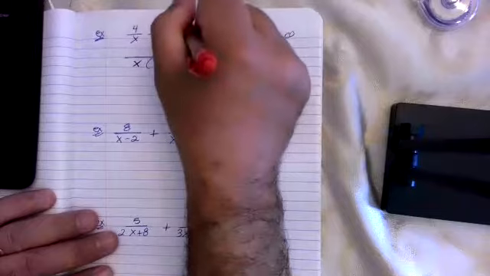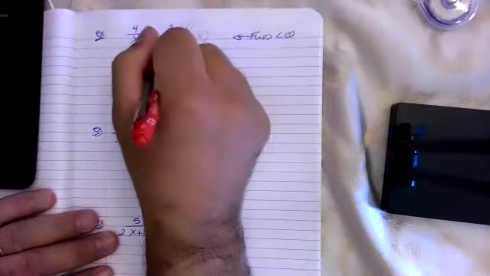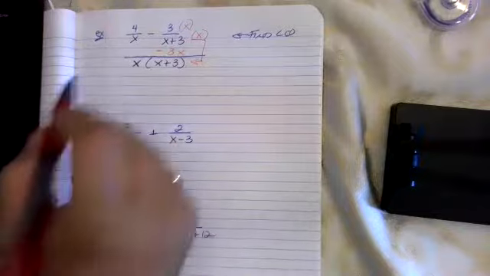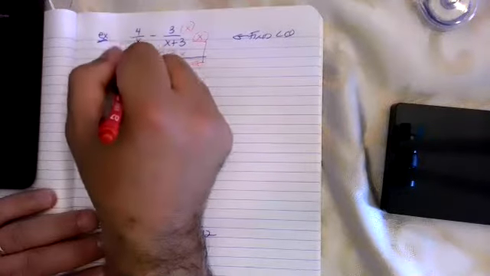X. So I have to multiply top and the bottom by X. And what's missing from this denominator to this denominator? Well, this one's missing X minus 3. So I have to multiply the numerator by X minus 3, or rather X plus 3.